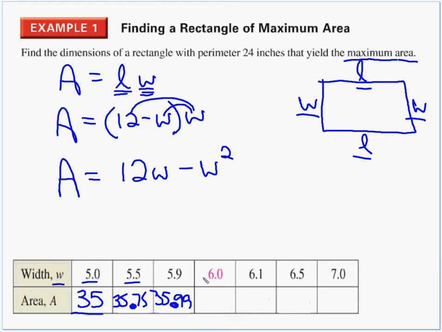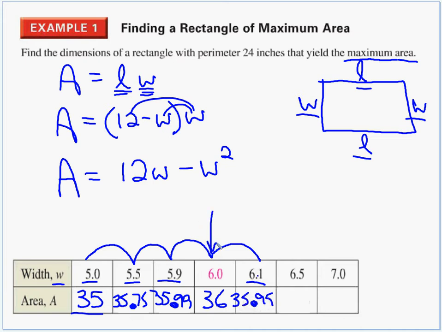If we put 6.0 in there, 6 times 12 minus 6 squared is 36. So here we were getting bigger and bigger: 35, 35.75, 35.99, 36. Let's see what happens if we jump to the other side. Here it was 5.9. Let's jump over to 6.1, and we get the output 35.99 again.